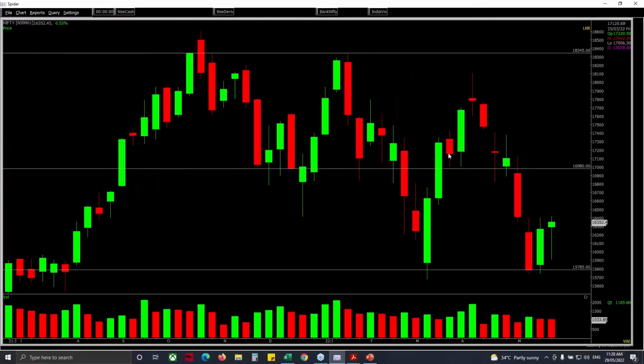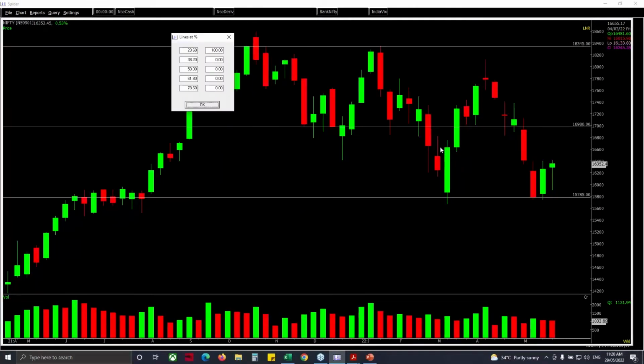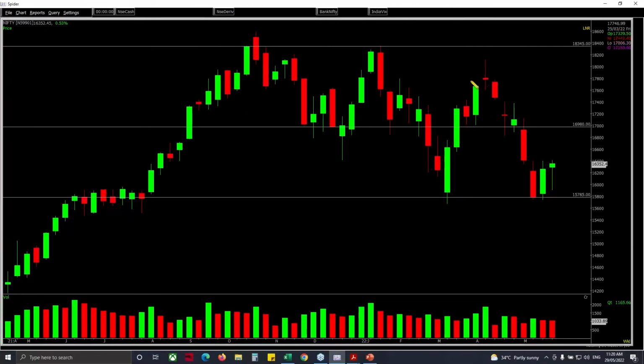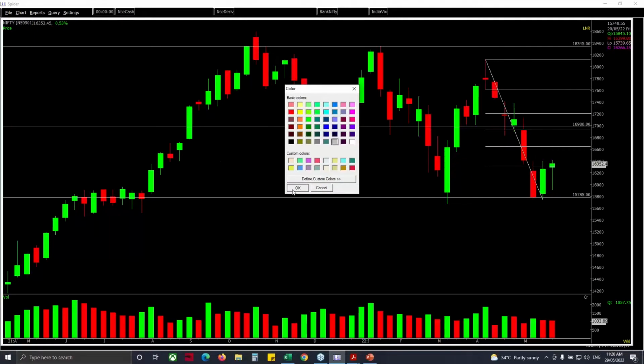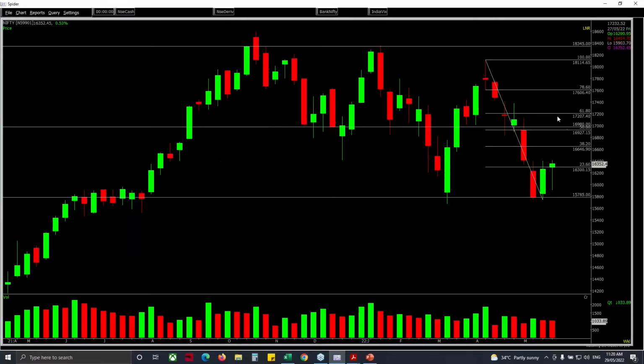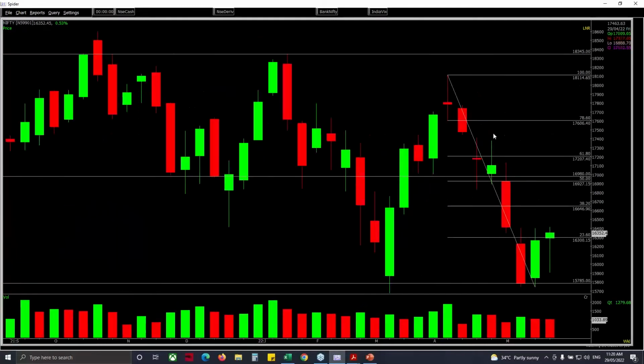Now, let us just take the idea of what retracement levels we can expect. 16,927, which is also coinciding with our previous support line of 16,980.